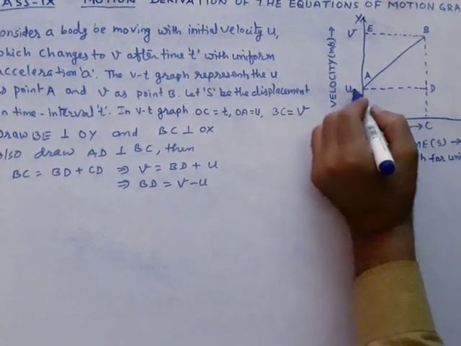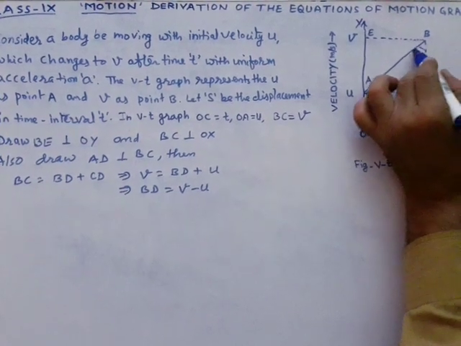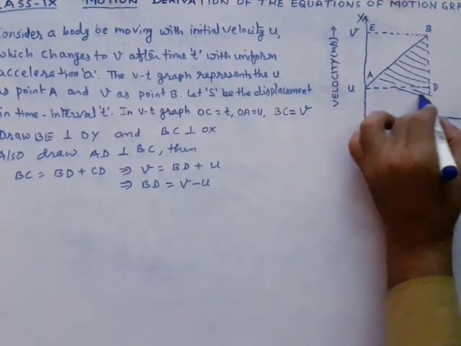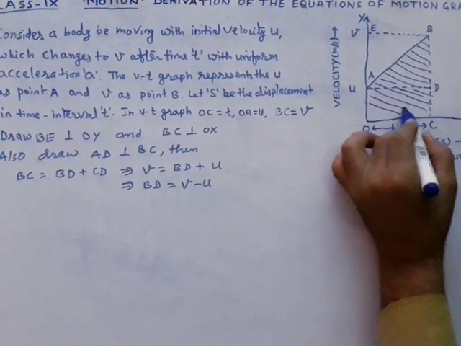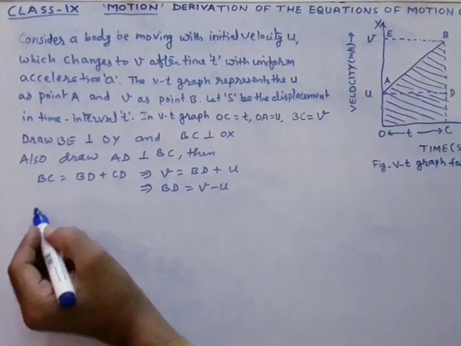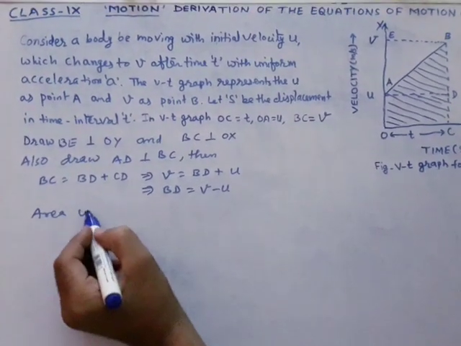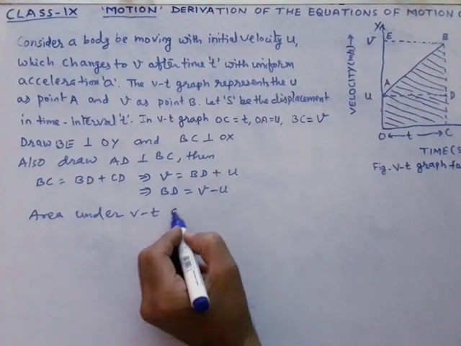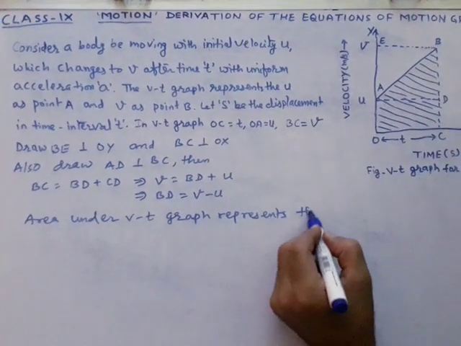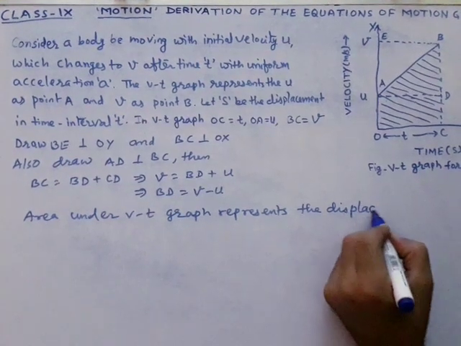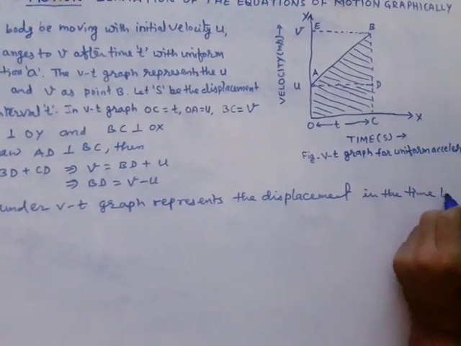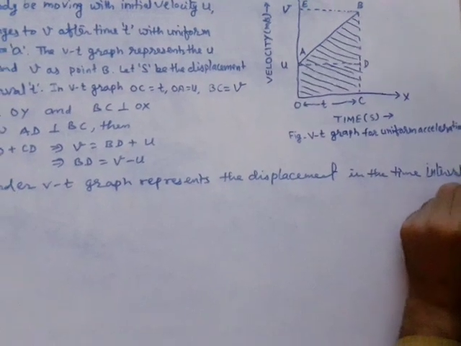Now, the area under the Vt graph represents the displacement in the given time interval t.